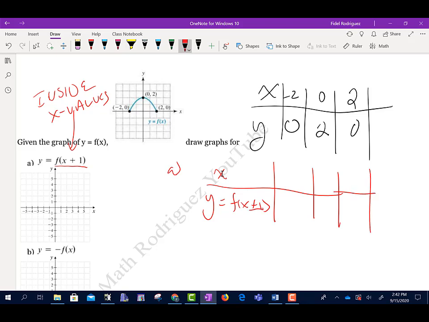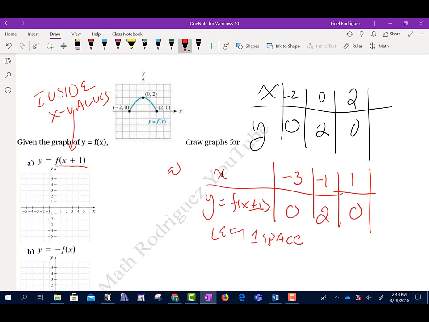If it's a plus 1, I'm actually moving to the left 1 space. If I'm moving to the left, that means I'm going to subtract 1 from each of those numbers. So minus 2 minus 1, minus 3. 0 minus 1, minus 1. 2 minus 1, 1. My y values will stay the same.